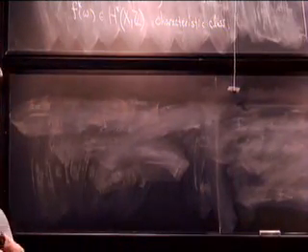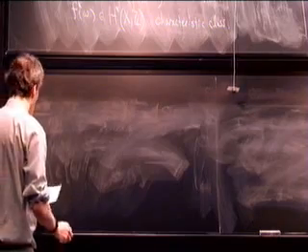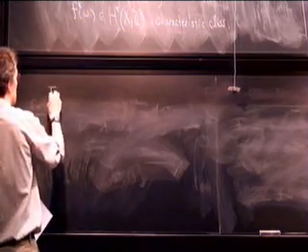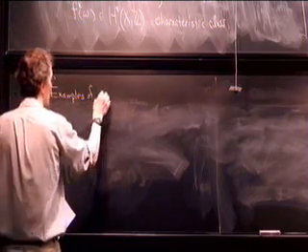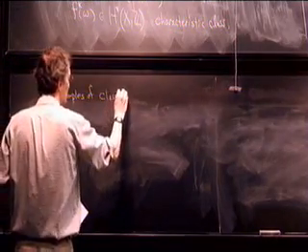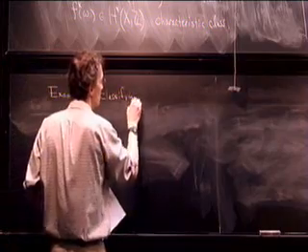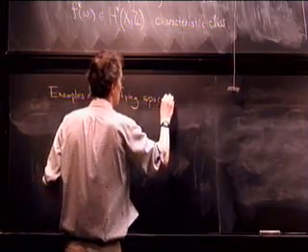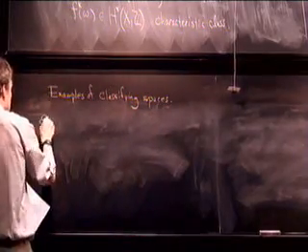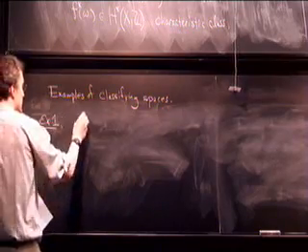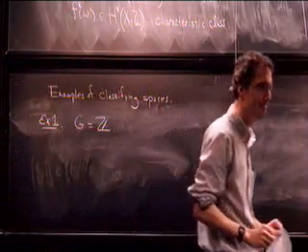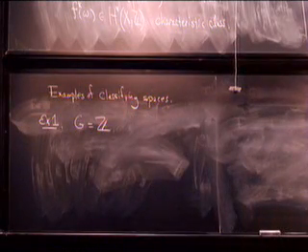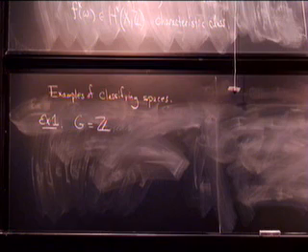Time for some examples. So let's look at some examples of classifying spaces. Let's start with example 1. Let's take our group to be the integers. Anybody want to volunteer a classifying space? What are we looking for?